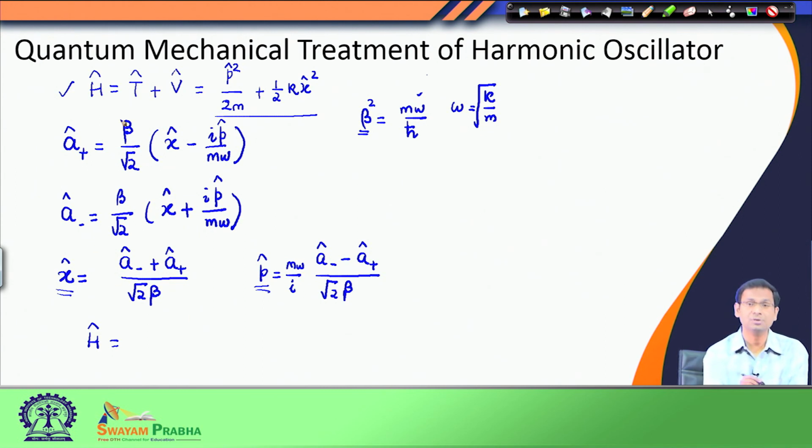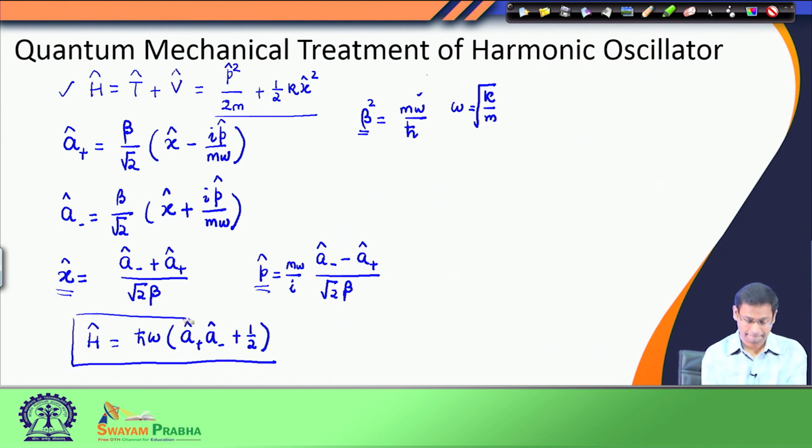If you rearrange, the Hamiltonian would be expressed as h bar omega times A plus A minus operator plus half.